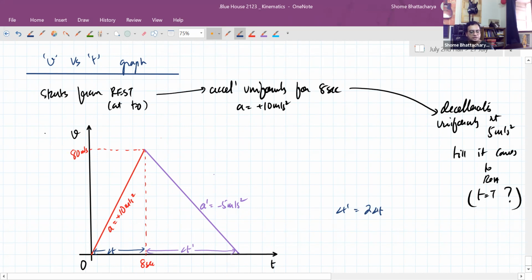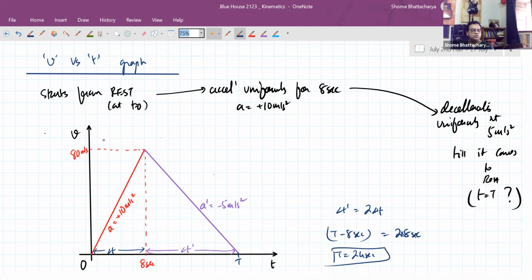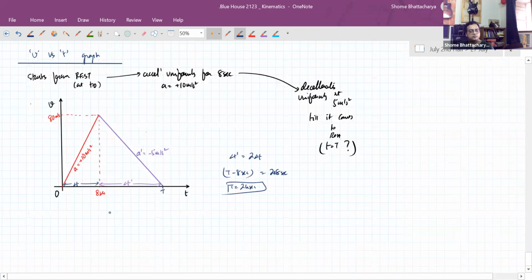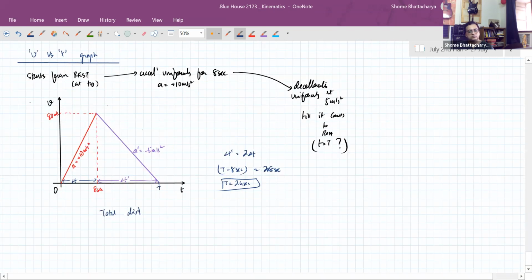So from that you can understand that this time T is such that T minus 8 seconds is equal to 2 times 8 seconds. You see that T will become 24 seconds. And then you can see that the total distance covered is just the total area, that is half into T into V max.